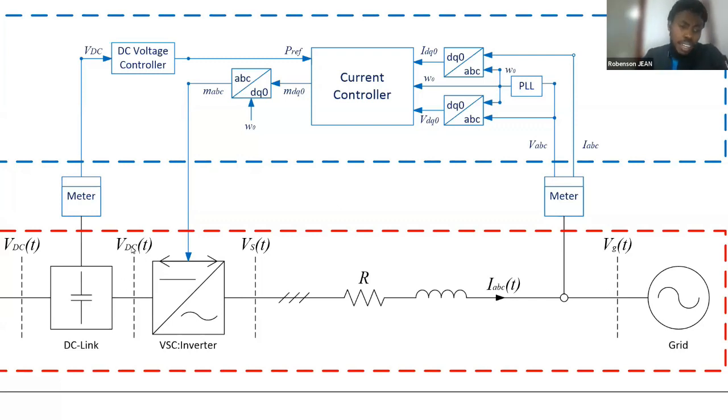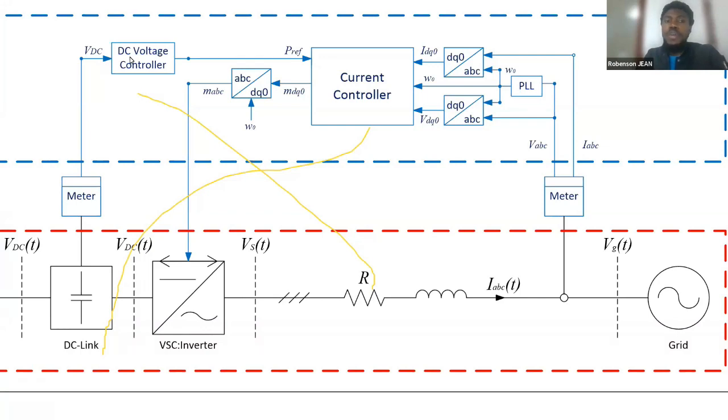If we do not have the required voltage at the input, at the output we will not have the desired output voltage. Therefore, we have to track the reference voltage at the input. To do this, one way to achieve this control is to make a measurement with this meter, where we read the voltage. Then inside the DC voltage controller, we compare the read voltage to the reference voltage, and we get an error.